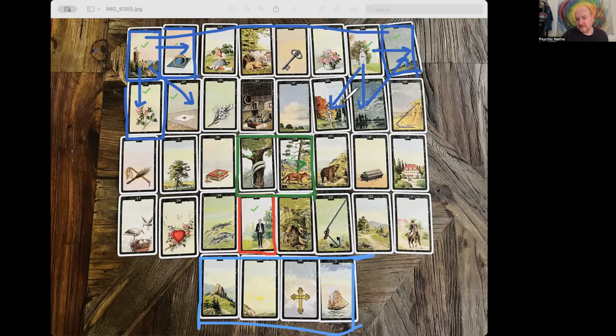Now, what is interesting is that there's the scythe here in this connection. And the scythe could be harvesting, in the sense of reaping the benefits of the hard work, but also that something can be taken away.